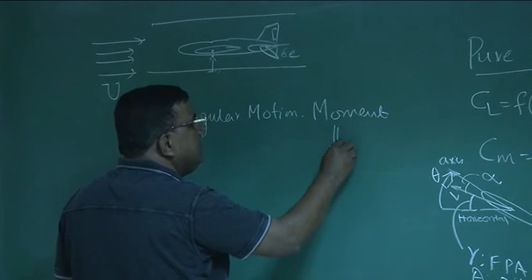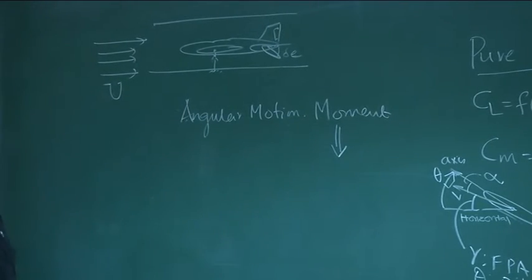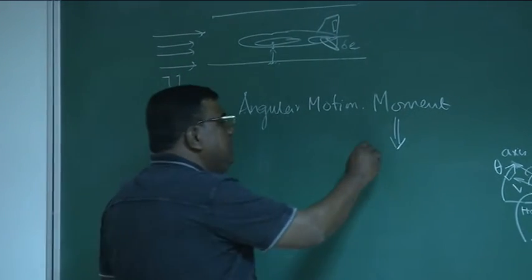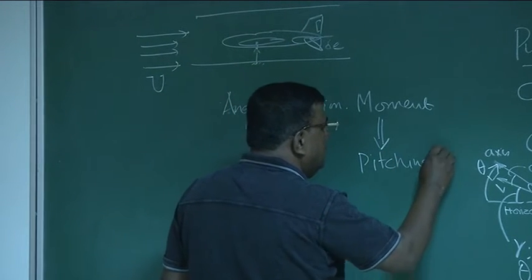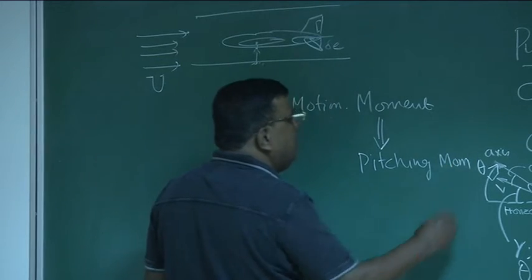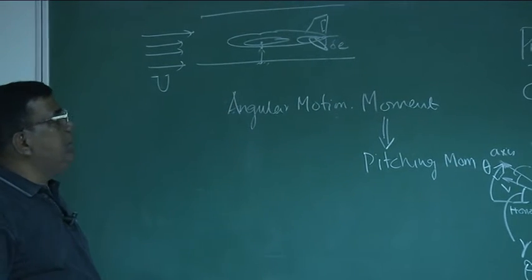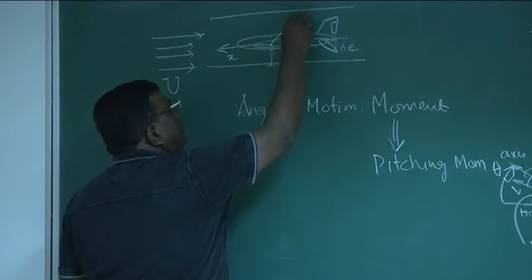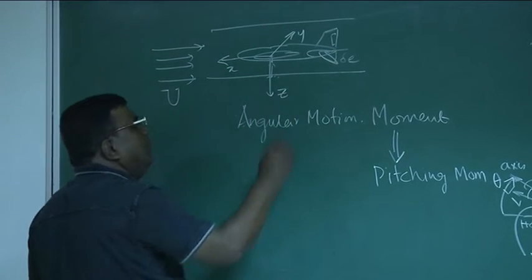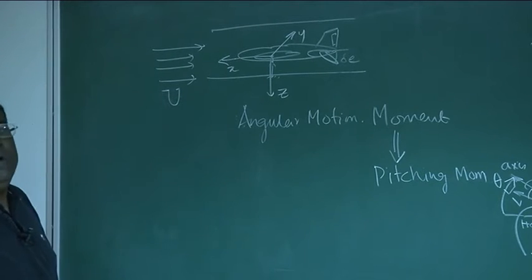This is the pitching moment. And this pitching moment is about what axis? It is about the y-axis. So this is x, this is y, and this is z. We are talking about pitching motion about the y-axis.